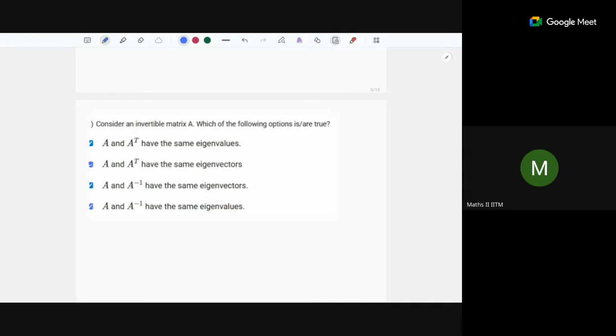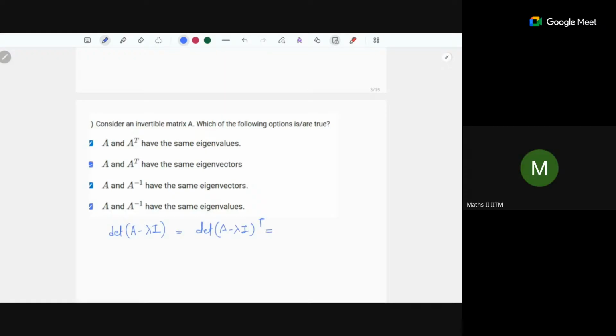So A and A transpose have the same eigenvalues. What are the eigenvalues? Eigenvalues are the roots of this polynomial, determinant of A minus lambda I. If you transpose this matrix, we know that determinant is preserved under transpose, so you will get the same determinant. That means the roots will be the same.